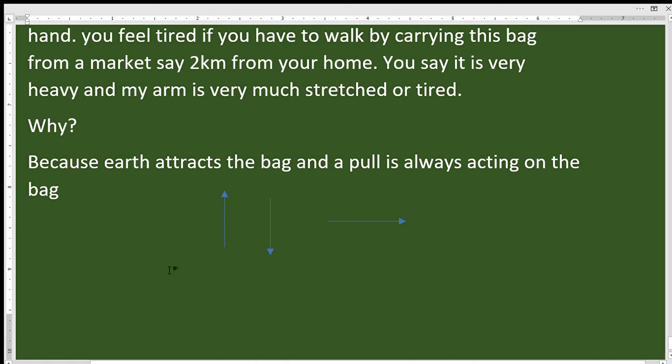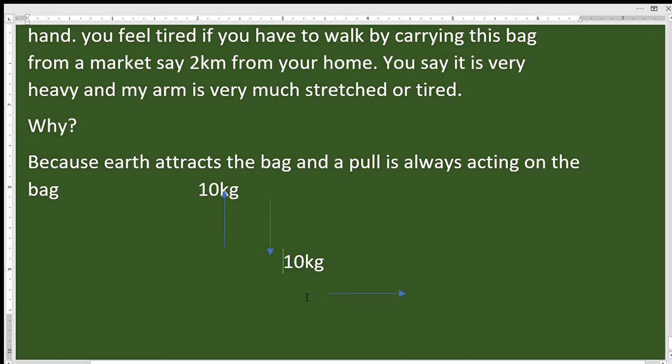Let us have 10 kg. Earth is having a downward force on 10 kg. You are also applying a 10 kg force in the upward direction.